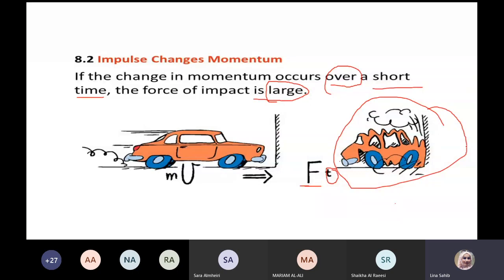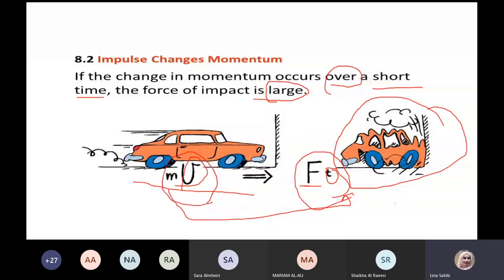That means the car didn't take time before hitting the wall. So here, as you see, the driver came with a high velocity. So at the end, you have two equal magnitudes: impulse equals change in momentum.